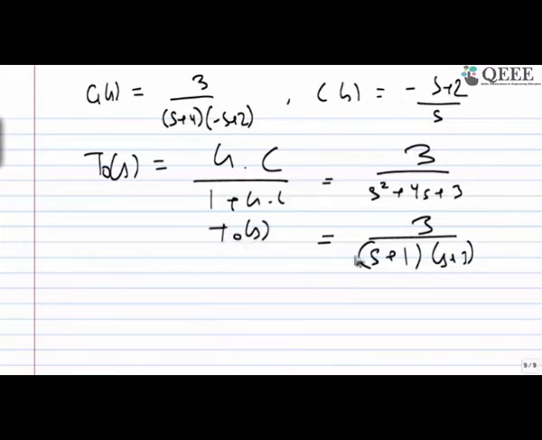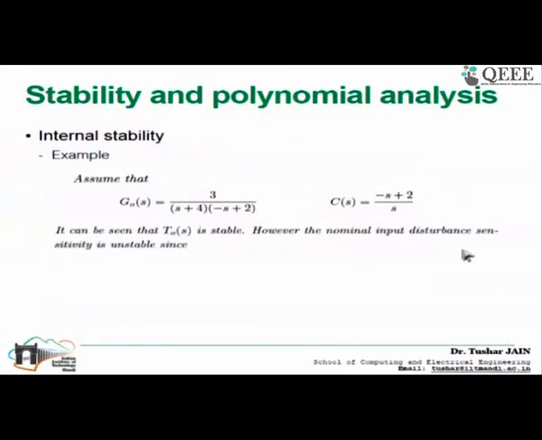So I see that the roots of the denominator polynomial are lying in the left half plane of the s plane, meaning to say that this is stable. But what about the internal stability? For this we need to compute all the sensitivity functions.